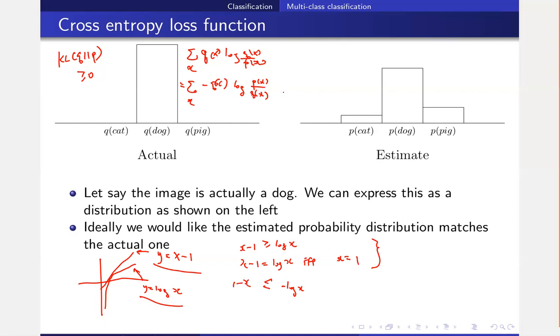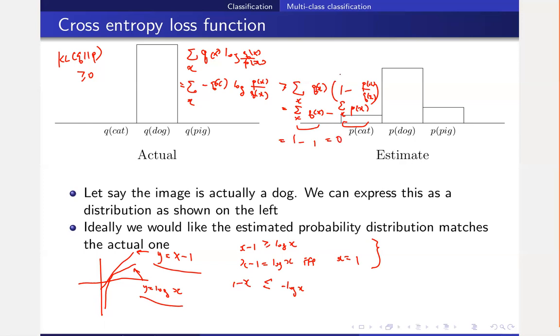So this is bigger than or equal to the sum over x of Qx times 1 minus Px over Qx. And then this is just equal to the sum over x of Qx minus Px, right? Note that both Qx and Px are distributions, so they both sum up to 1. So I have 1 minus 1, which is equal to 0.